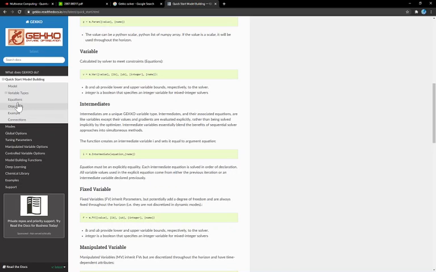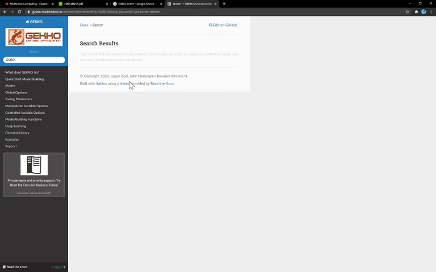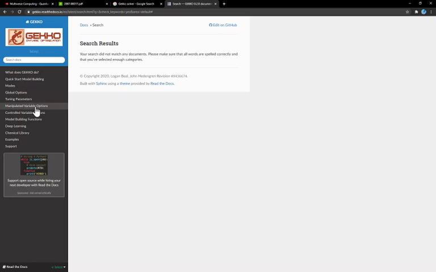Equations, variable types, objectives, examples, tuning, global options, deep learning, chemical library examples. So is there a QUBO thing in here or no? I thought they'd have something specific to that. Otherwise, I don't know where to start even.